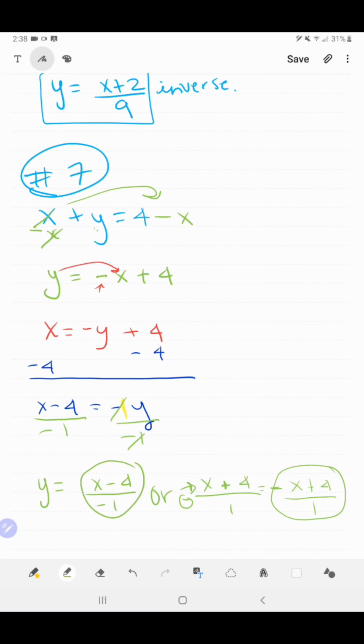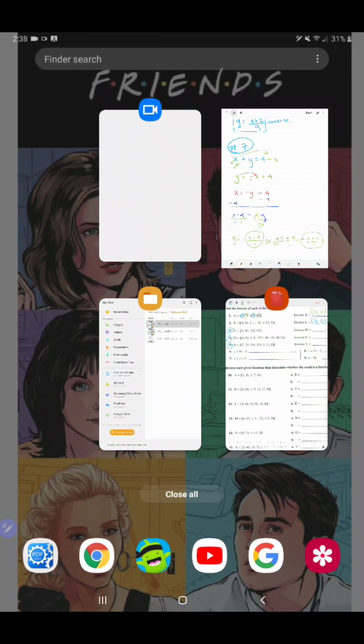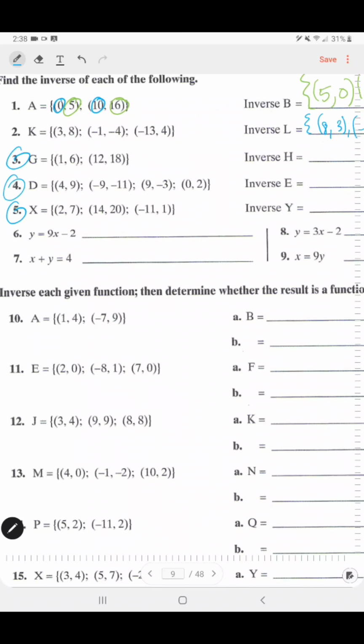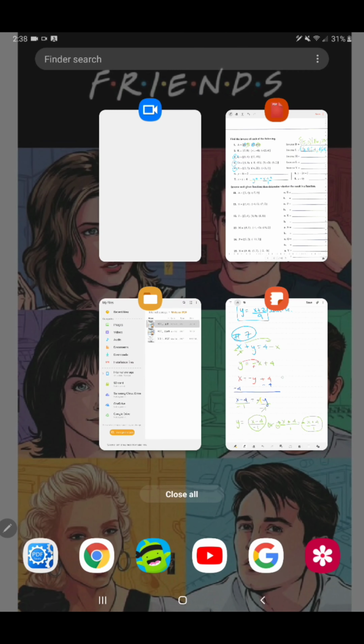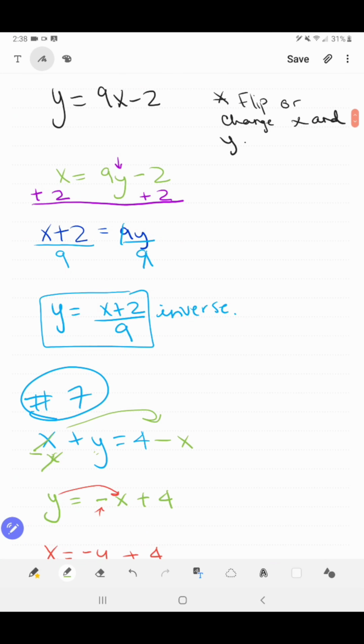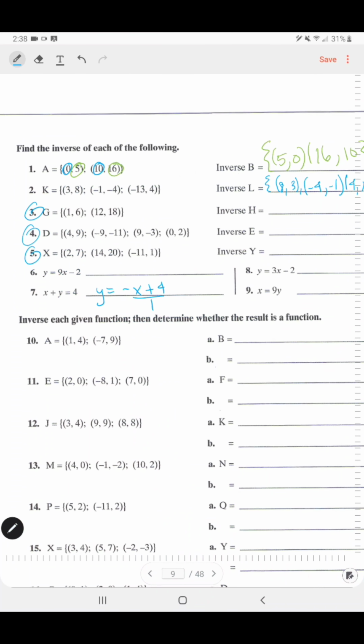So we've got y equals negative x plus 4 over 1. And number 6 was x plus 2 over 9. Okay, so you can do those.